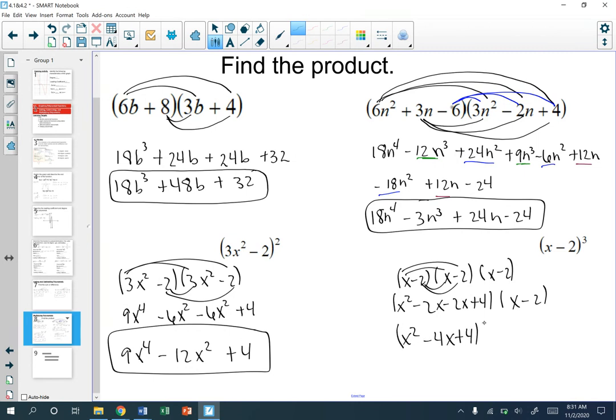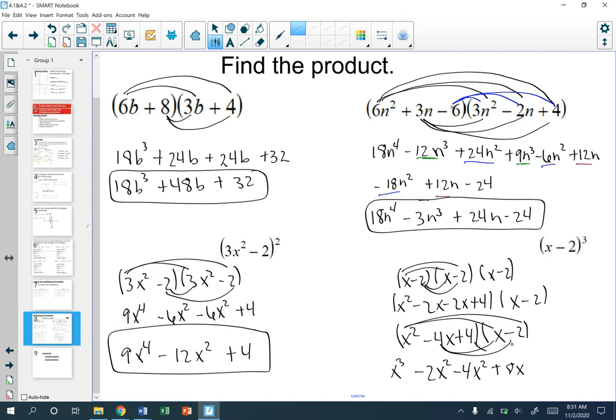And then don't forget, we have this last term here we need to multiply yet. So we have x squared times x gives me x cubed. x squared times negative 2 gives me negative 2x squared. Negative 4x times x gives me negative 4x squared. Negative 4x times negative 2 is plus 8x.